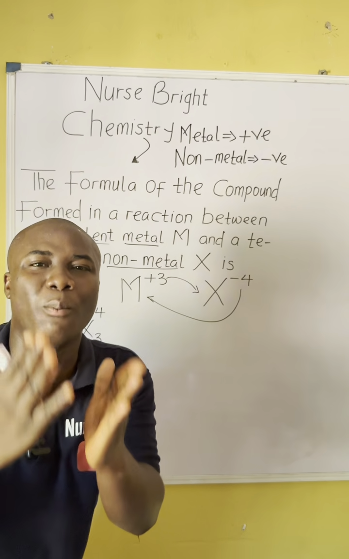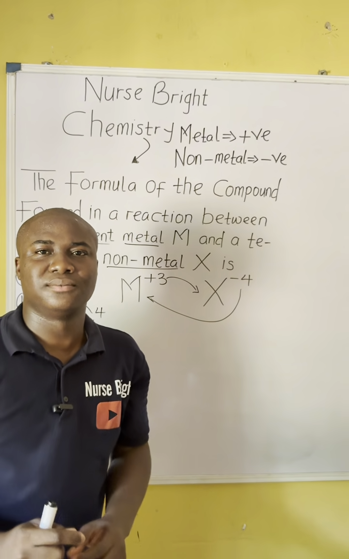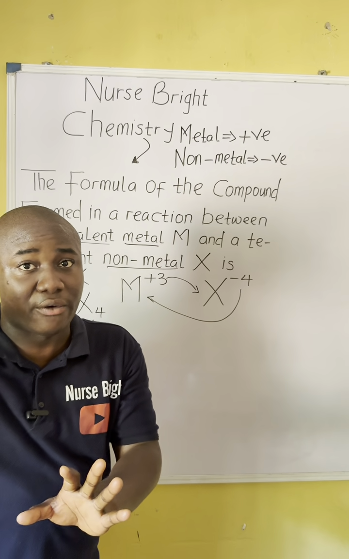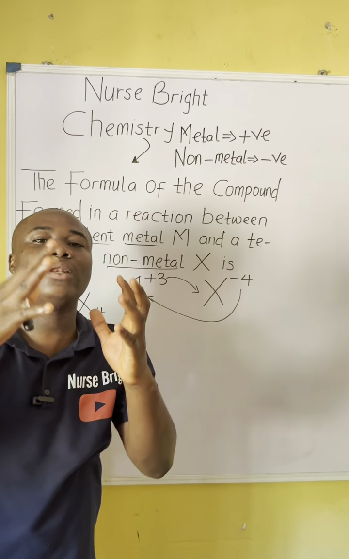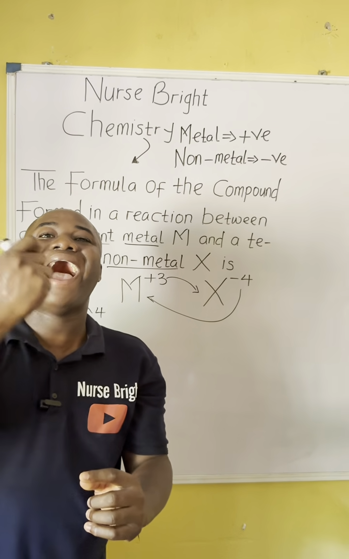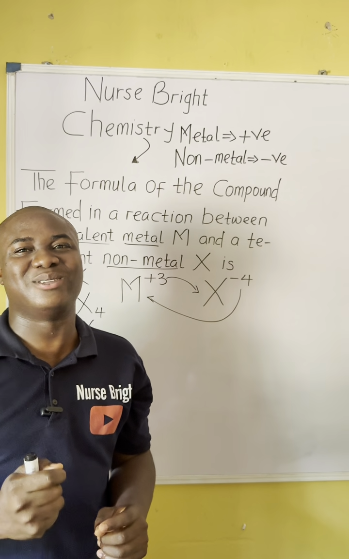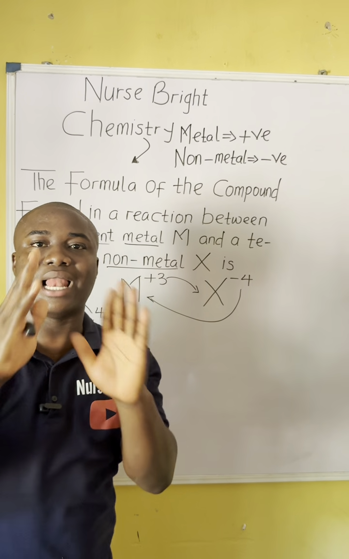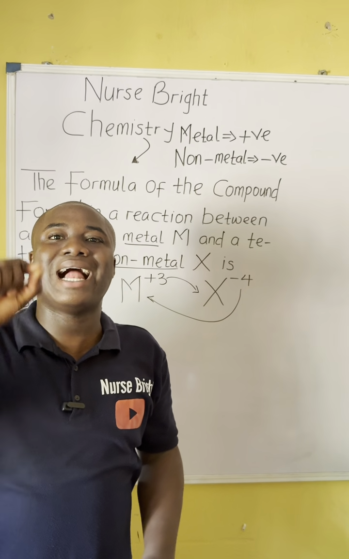This is how compounds are formed. Specifically, inorganic compounds, not organic. And what kind of inorganic compound? Ionic compounds. Now listen, this topic is from a very vital aspect of chemistry called chemical bonding.